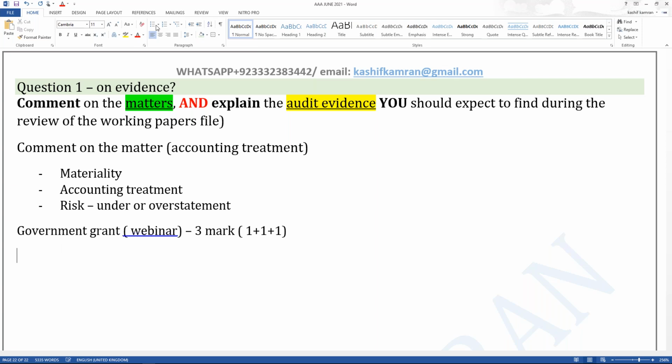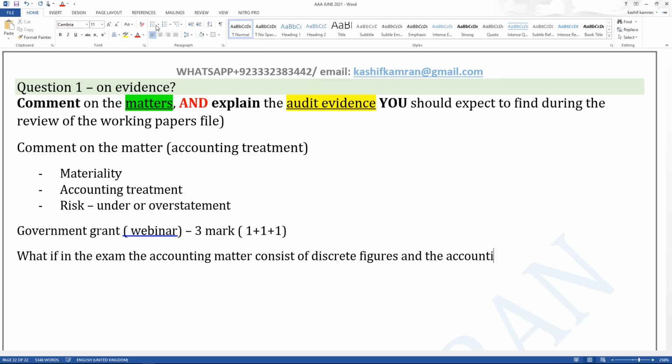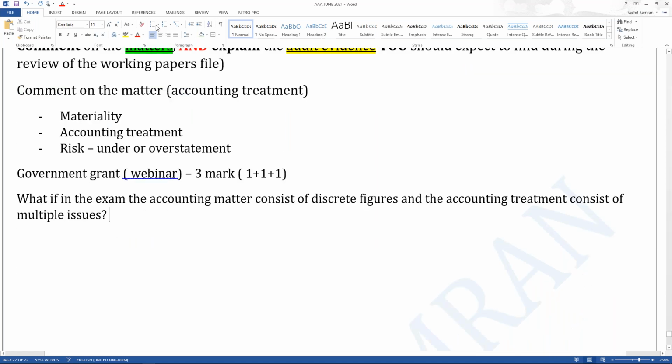But what if in the exam, the accounting matter consists of discrete figures, and the accounting treatment consists of multiple issues? Will that increase your scoring opportunity?